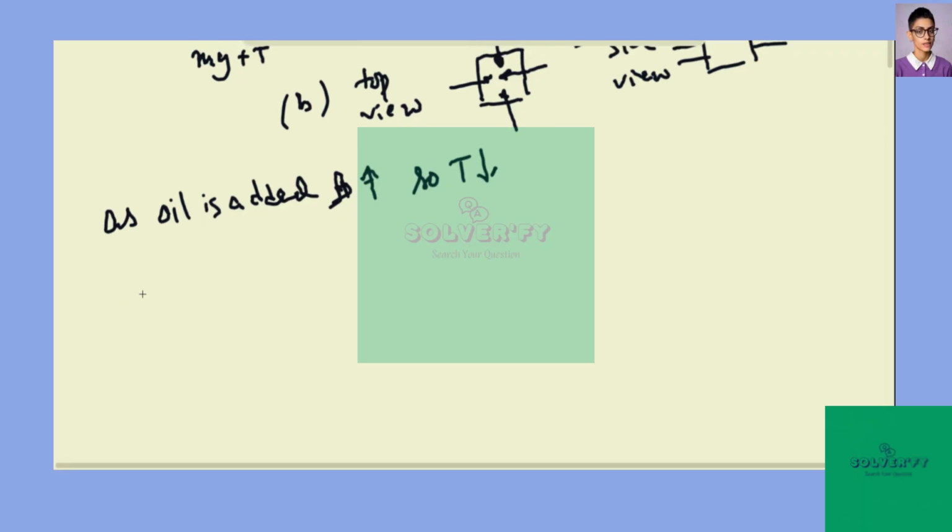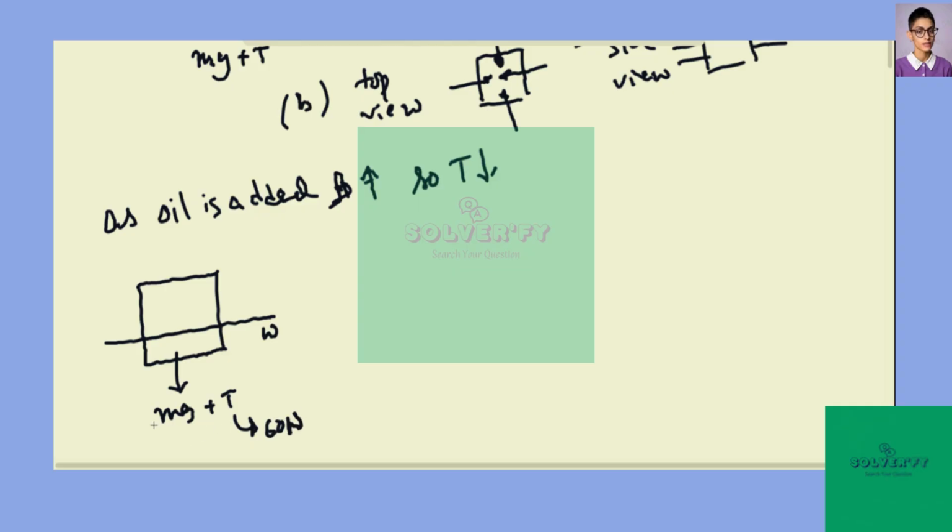For the final part, it is given that 25% is still underwater. We have mg plus T. Now T became 60 Newton. mg we know is 15 Newton.